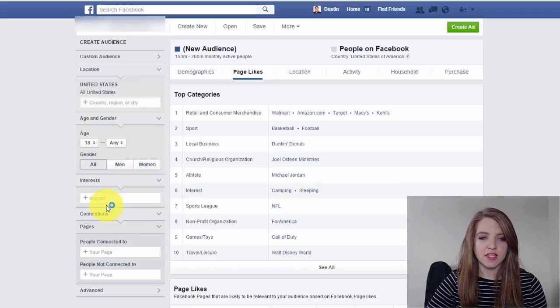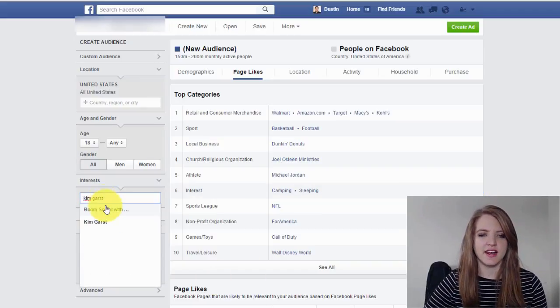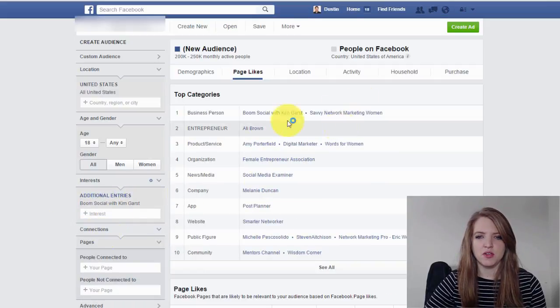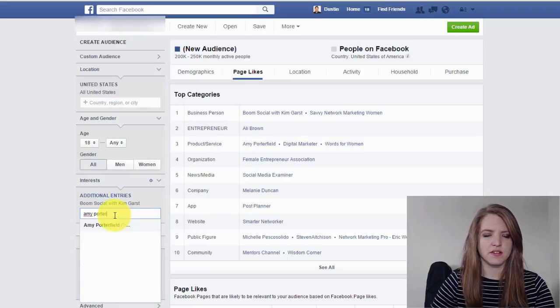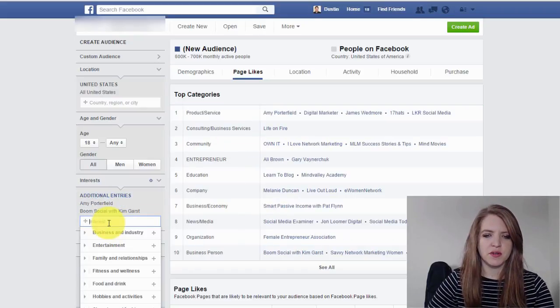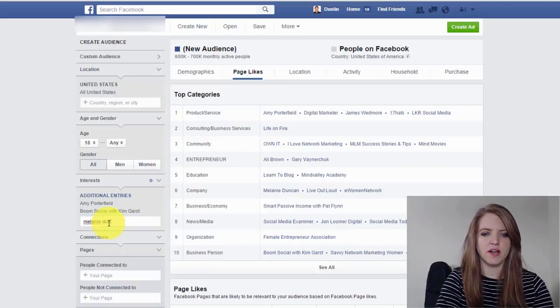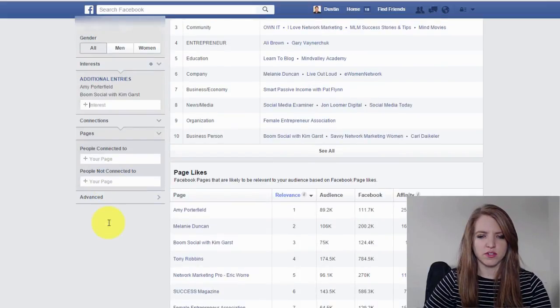And so let me just put in Kim Garst again so I can show you an audience that has some more data. But let's say you put in Kim Garst and maybe you pulled some of these other interests from over here, Amy Porterfield, and you put a few different people in, and you finally get that perfect audience that you've been wanting to build. Let's see if we can get one more to show up.